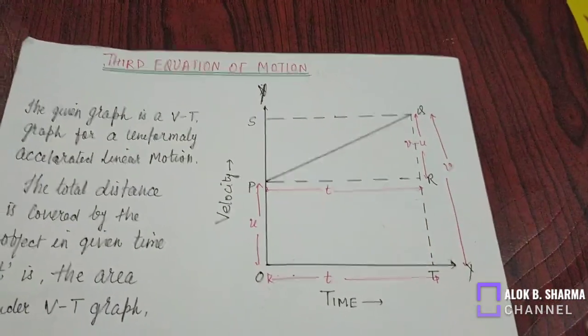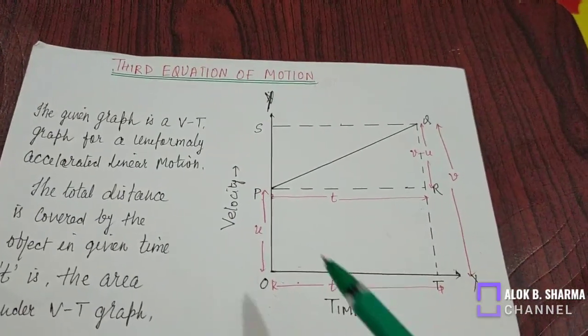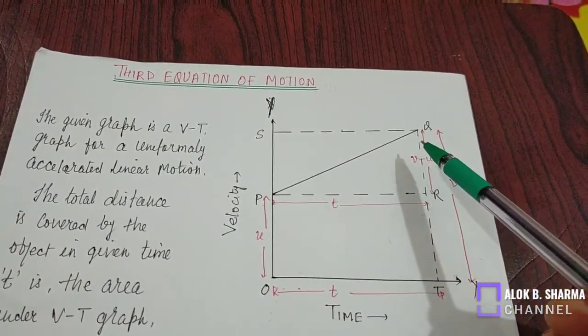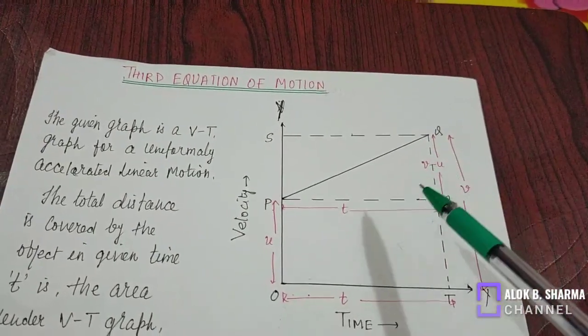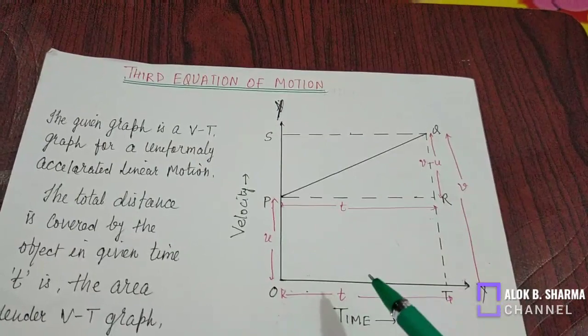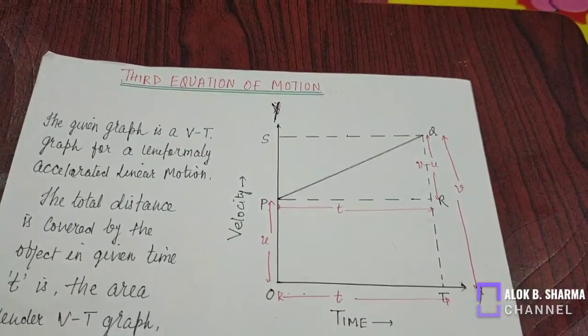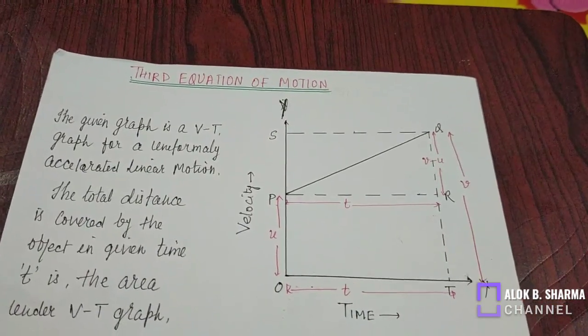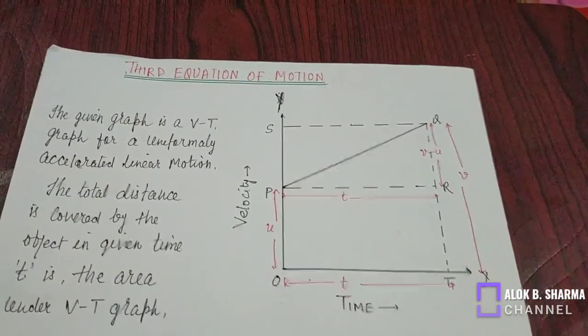I am repeating it again: slope gives acceleration, and area gives distance covered by the object. I already explained this in the first and second equations, so I have repeated it in the third equation also.